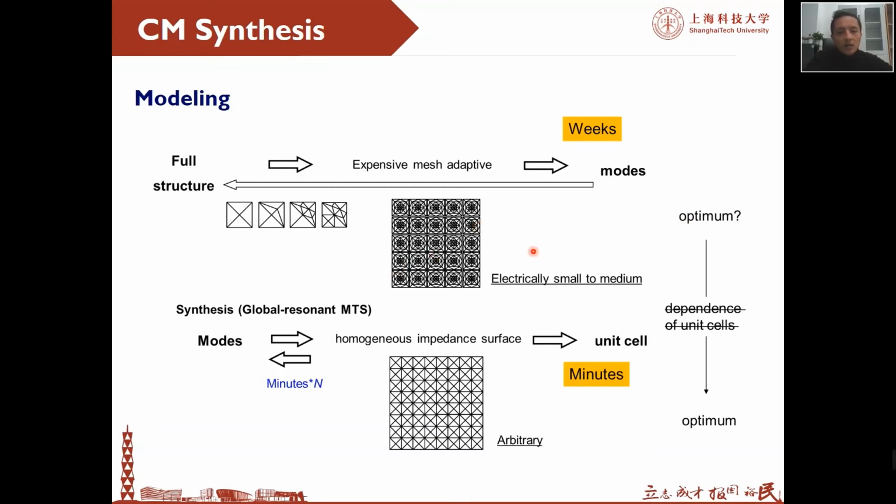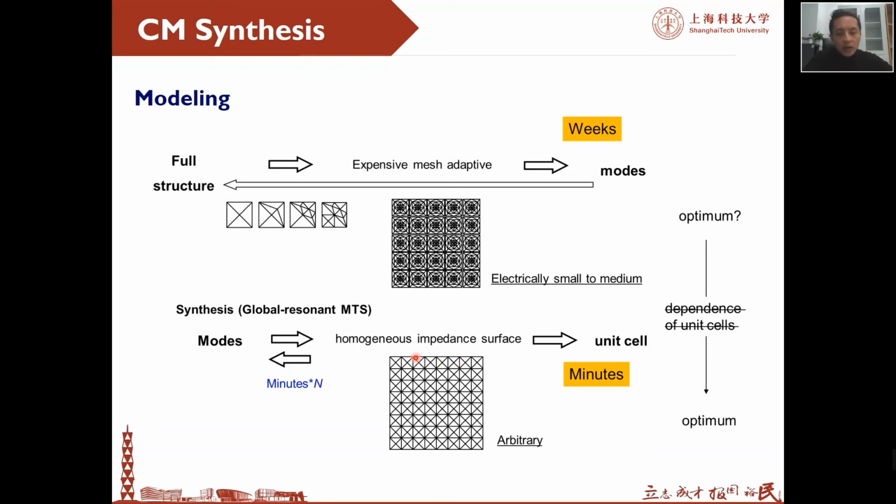To answer that question, we make use of one of the most powerful aspects of metasurfaces, that we can average the fields over one unit cell, so that the overall metasurface can be represented by a homogeneous impedance, maybe a boundary condition. And here we use the impedance boundary condition.